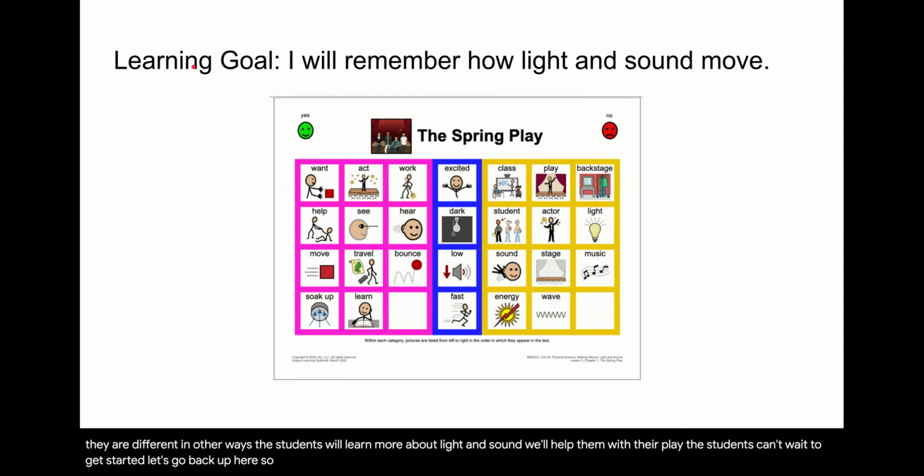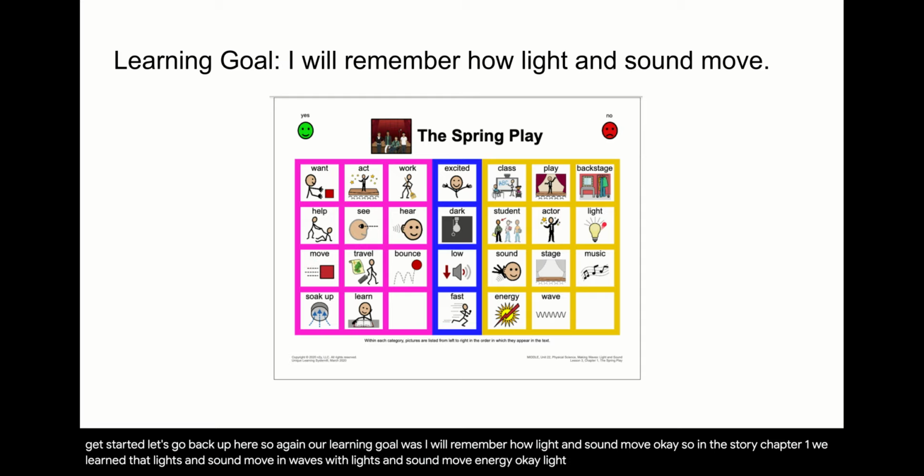Let's go back up here. So again, our learning goal was: I will remember how light and sound move. Okay, so in the story, chapter 1, we learned that lights and sound move in waves. Lights and sound move energy.